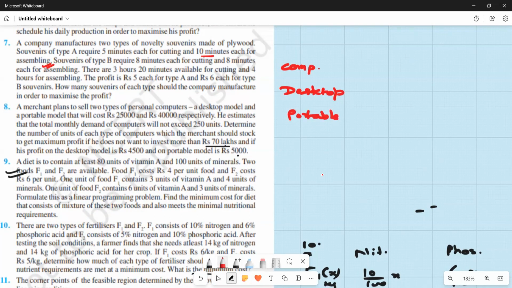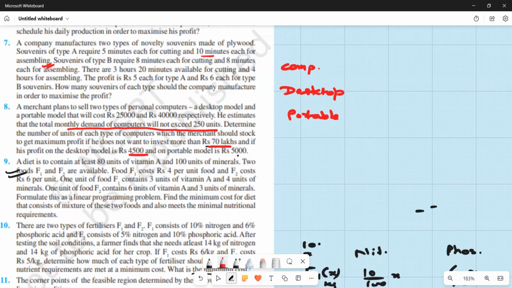Then he estimates the total monthly demand of the computer will not exceed 250 units. Determine the number of units he sells of each type of computer for which the merchant should stock to get the maximum profit. He doesn't want to invest more than 70 lakh rupees.